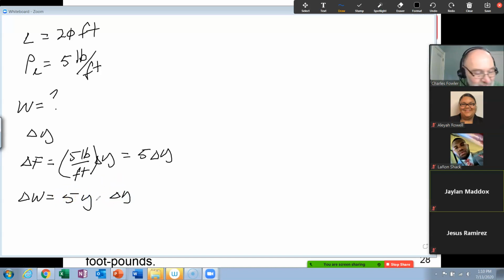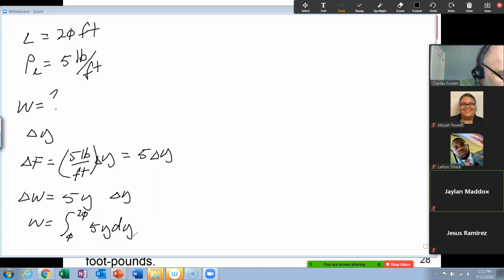That's where the y comes in. You lift it y, so that's 5y delta y. That's your delta W, and that's what we're integrating. So your total W is going to be the integral from 0 to 20 of 5y dy.